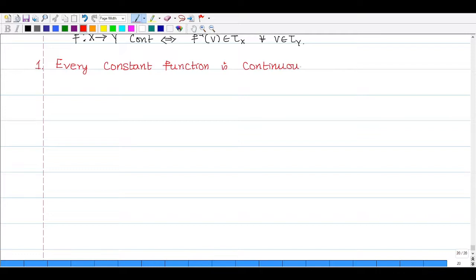So first we will prove this theorem. இது என்ன proof அப்படின்னா, given (X, tau X) and (Y, tau Y) are two topological spaces.